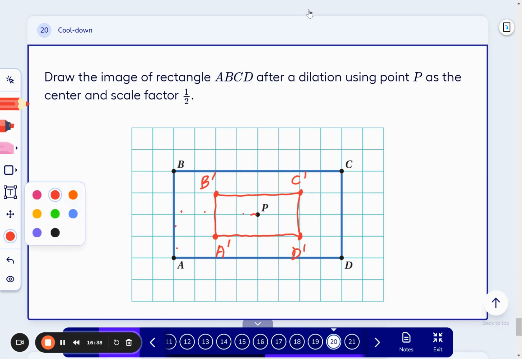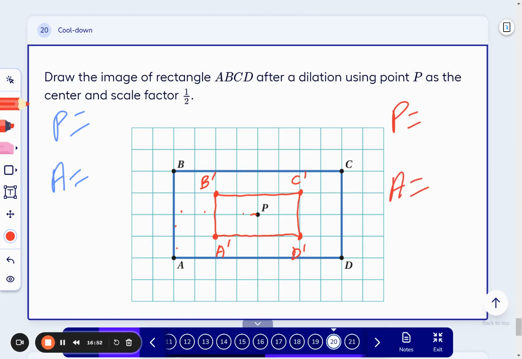Interesting thing to start looking at. What is the area of the blue one? What's the perimeter? What's the area? And then what happened to the perimeter and the area? Remember, we can just count area. So that's 8.